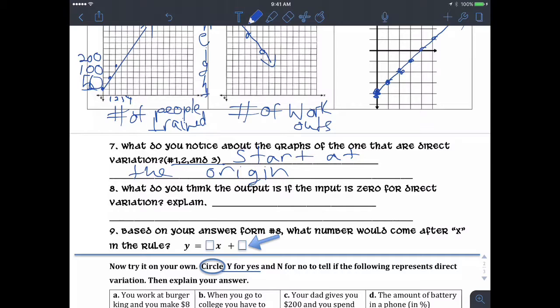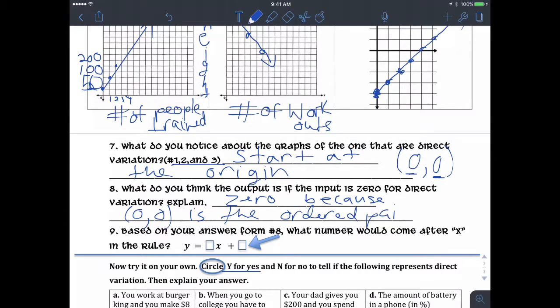And because it starts at the origin, that means it's at the ordered pair 0, 0, which means the output would have to be 0 when the input is 0. So it says over here, what would the output be if the input was 0? You'd put 0, right? Because 0, 0 is the ordered pair.